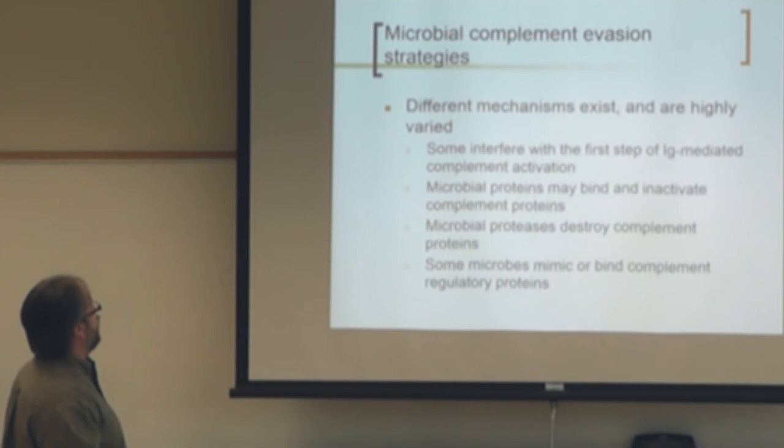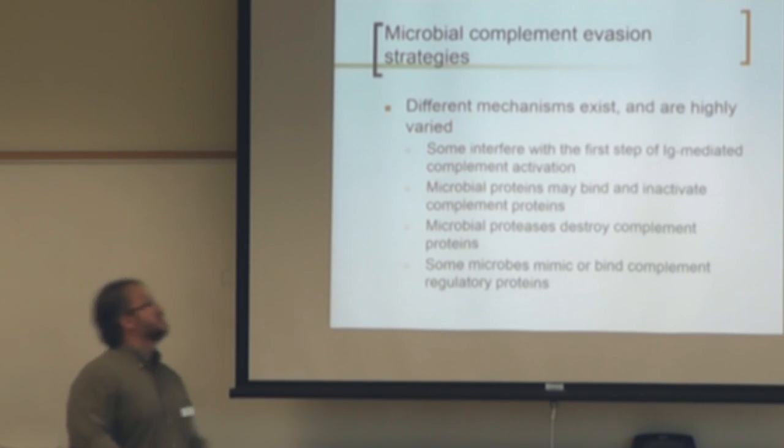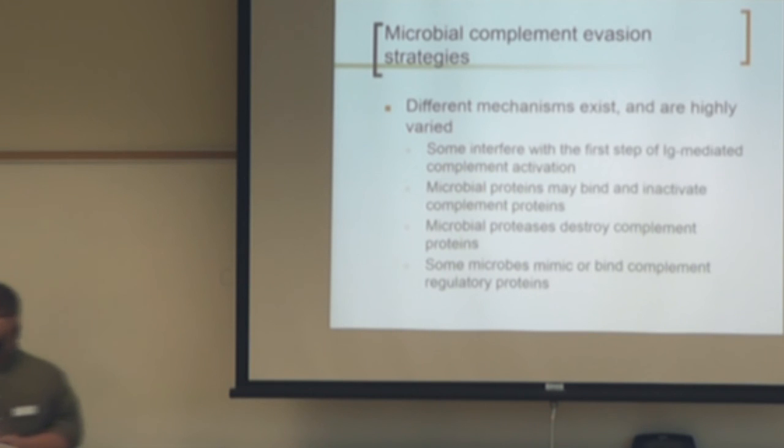Different mechanisms exist that are highly varied. Microbes, those that plague us, have evolved ways of evading complement, and some interfere with Ig-mediated complement activation. Some may bind and inactivate portions of the complement.